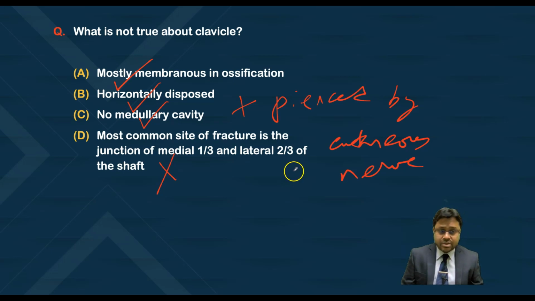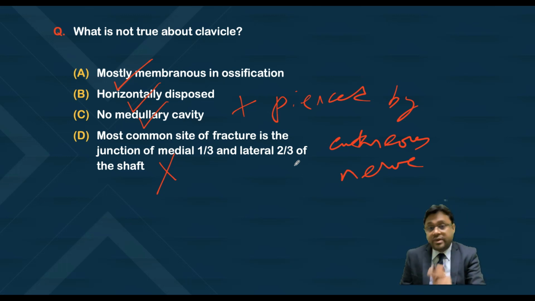I told you at the very outset that it is a long bone because it transmits weight via the coracoclavicular ligament and the medial two-thirds of the shaft; these two factors aid in the transmission of weight. That's why it's a long bone. And these 4 points make the bone a modified long bone: pierced by a cutaneous nerve occasionally, no medullary cavity, horizontally disposed, and mostly, note the term mostly, membranous ossification.